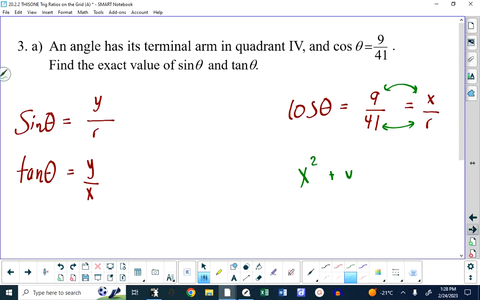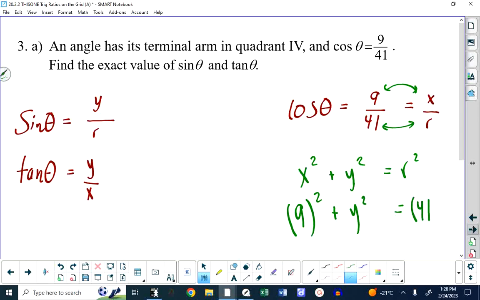x squared plus y squared equals r squared, so we can go 9 squared plus y squared plus y squared equals 41 squared. Everybody, you're familiar with this idea that since it's not the hypotenuse we're finding, you're going to have to subtract.